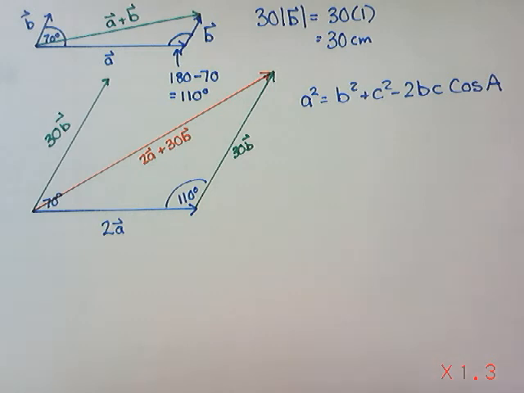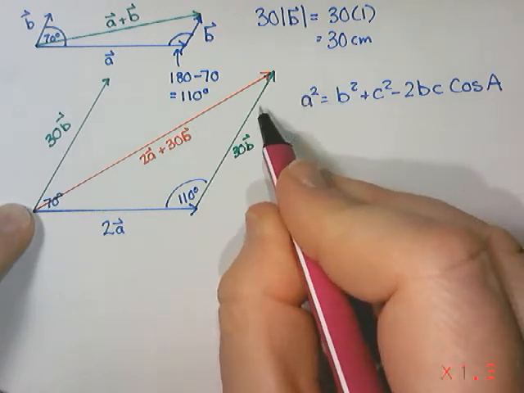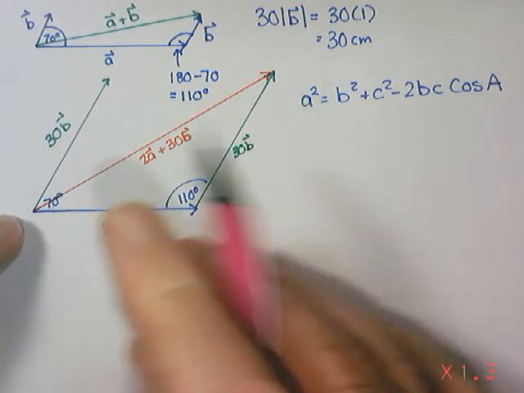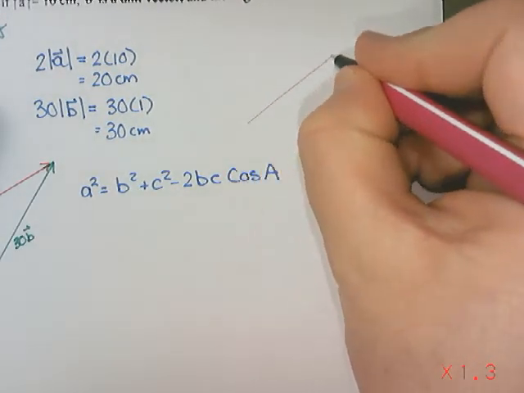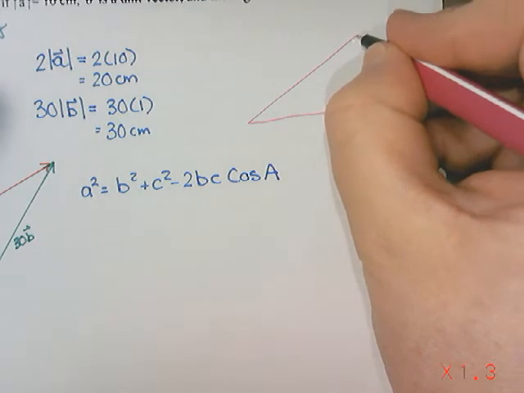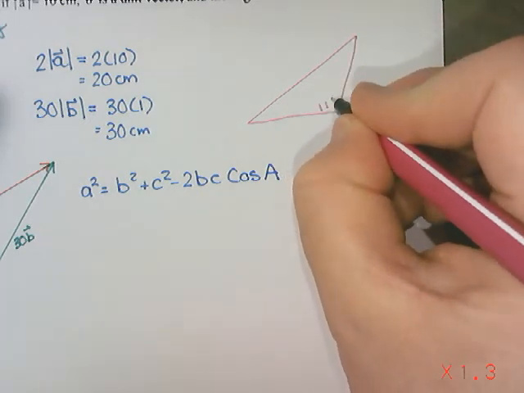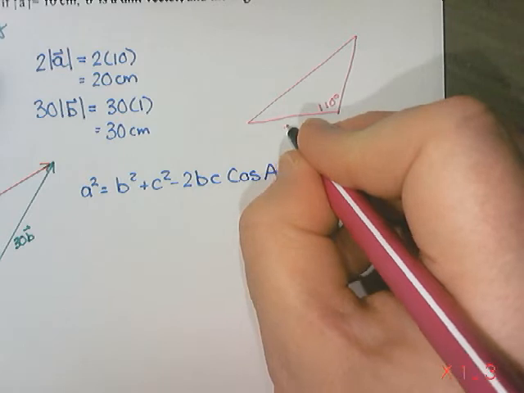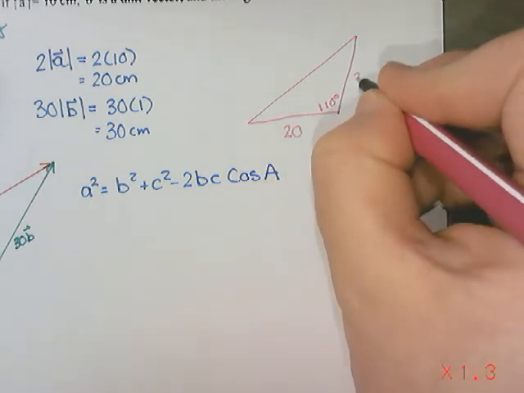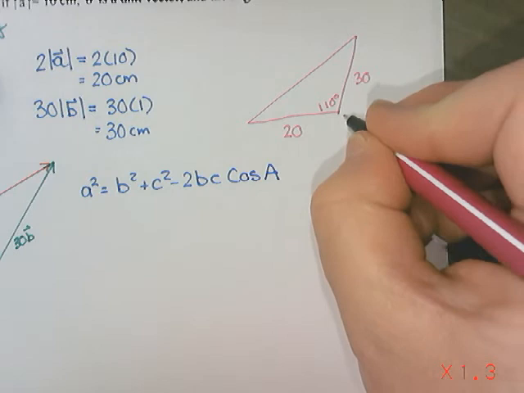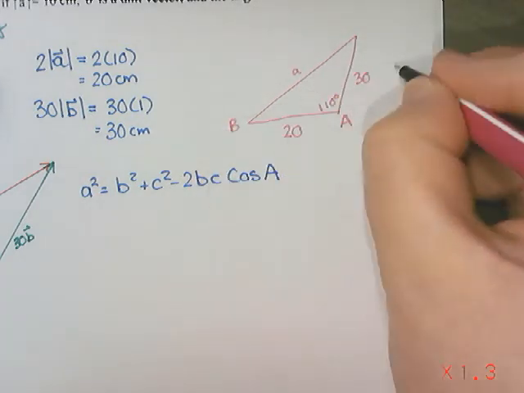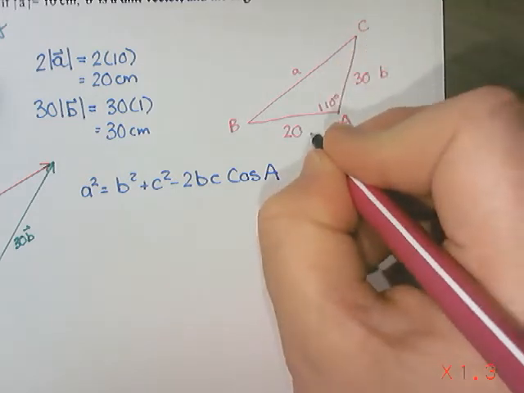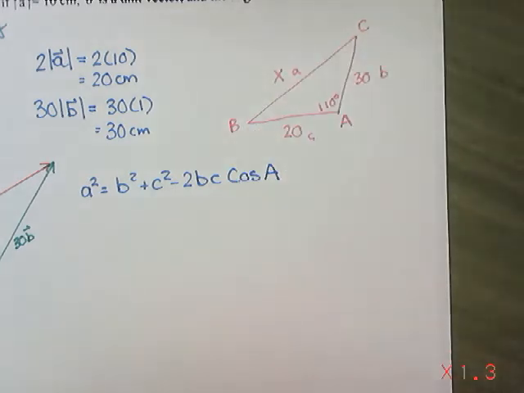A is always the angle. And I've mentioned this before. Sometimes if you're having difficulty labeling it on here, draw yourself a new picture and ignore the other one. So this is 20, this is 30, this is little a, little b, little c, and that's the side I want to find.